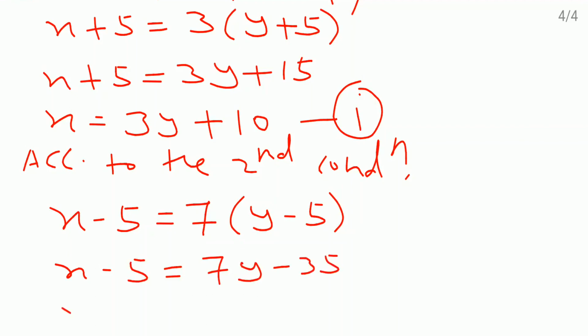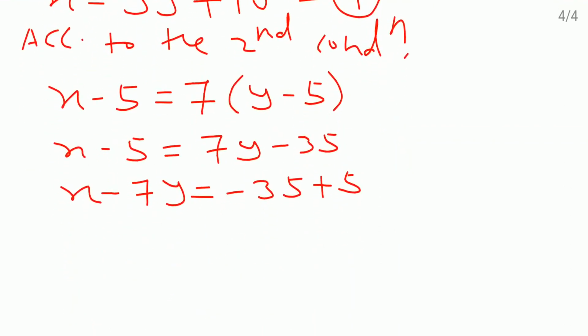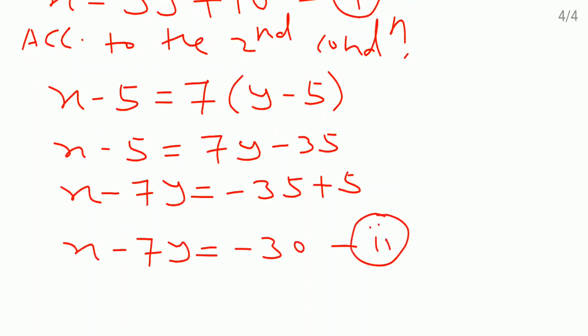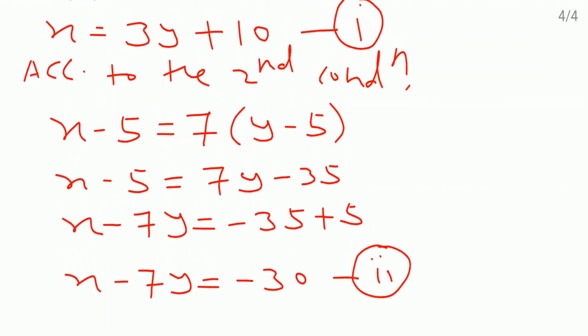So this 7y, I'll bring it here. x minus 7y is equal to minus 35 plus 5. Now see here. So this is x minus 7y, which is equal to minus 30, and I will name it as equation 2. Equation 1, we have the value x equal to. Equation 2, we are having a proper equation.